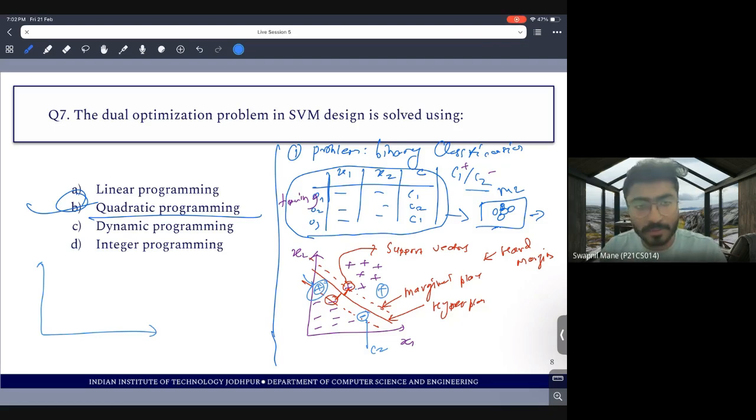But there might be a case where the positive classes are here and the negative classes are like this. So how can you draw a separating line here? This example is a not linearly separable case. But the SVM classifier has some mechanism to classify these points in a better way.